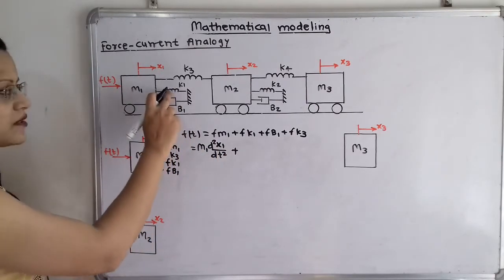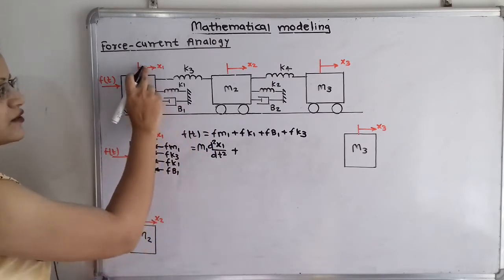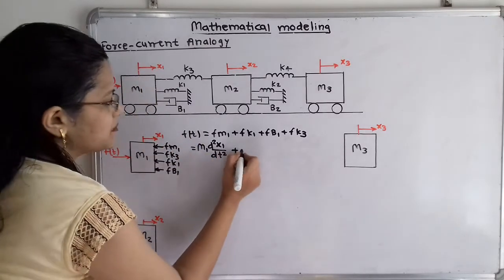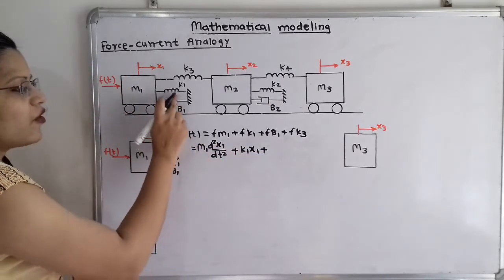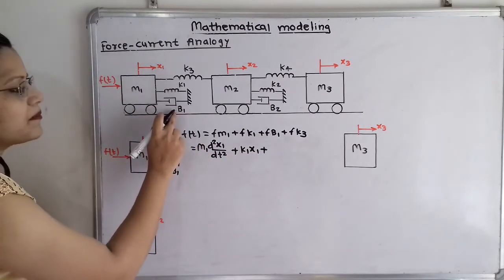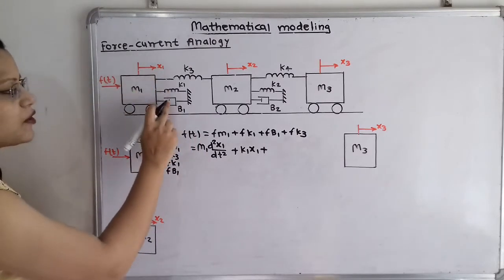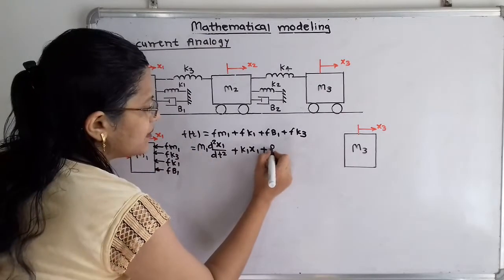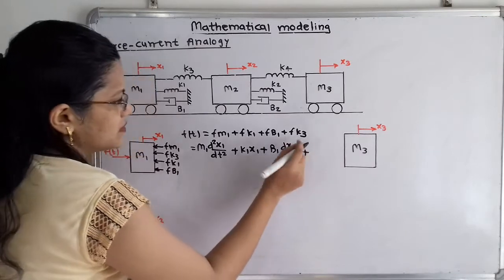The force due to spring is k into x, and x is x1 because k1 is connected to mass m1 which has displacement x1. So I will write k1 x1 plus the force due to damper, that is b dx by dt. Instead of x I have to use x1 because b is connected to this mass m1. So I will write b1 dx1 by dt plus fk3.